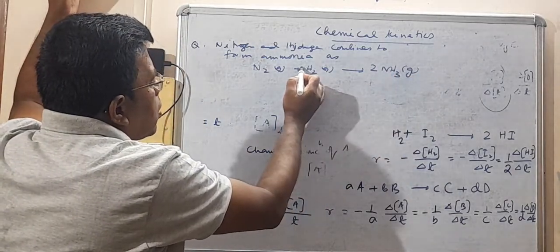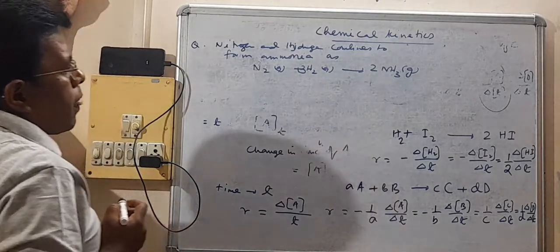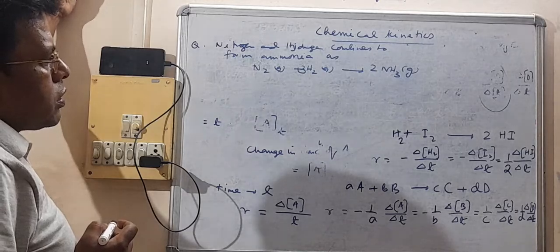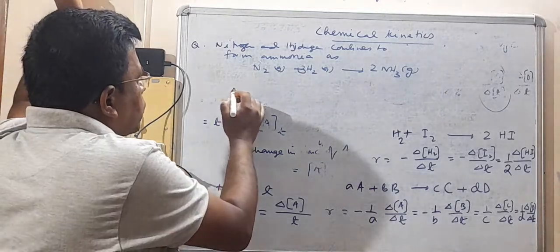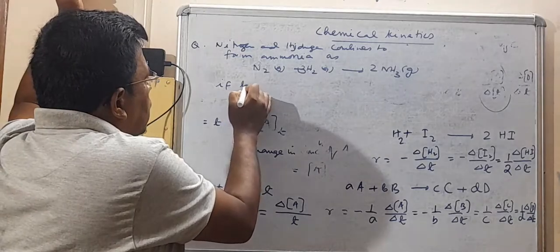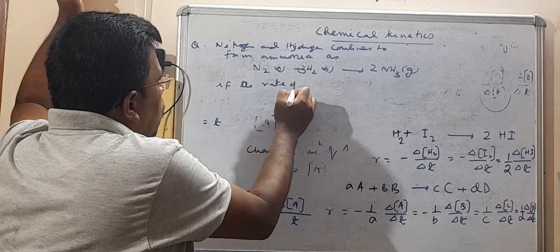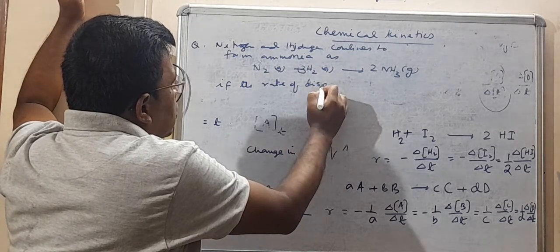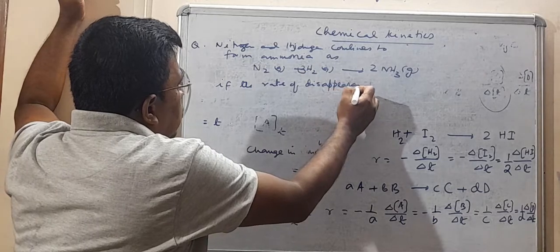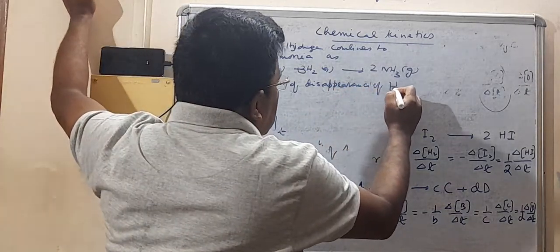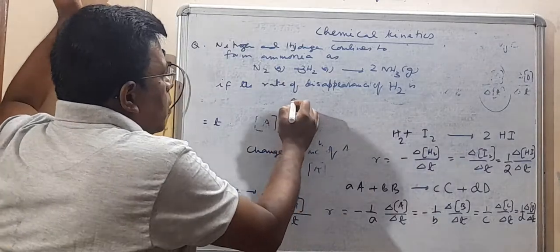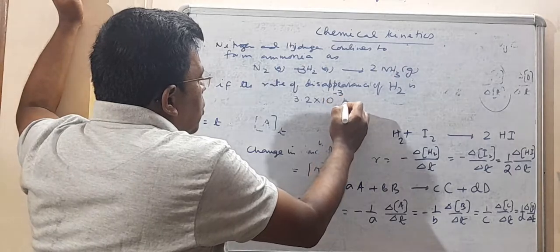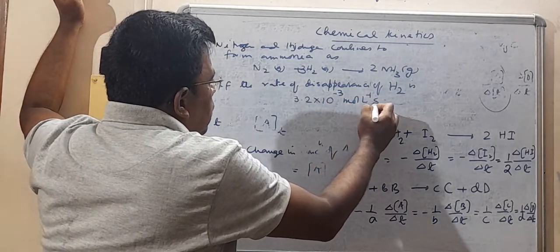To balance it, here it is 3. So nitrogen and hydrogen combine to form ammonia as this. If the rate of disappearance of hydrogen is 3.2 into 10 to the power minus 3 moles per liter per second.